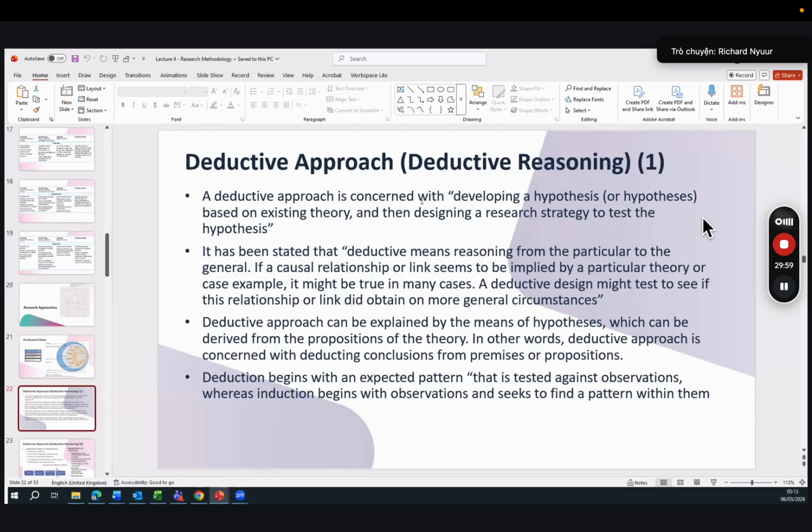You want to deduce from your analysis, and as a result, quantitative studies tend to develop what we call hypotheses, as I explained the other day, based on existing theory.